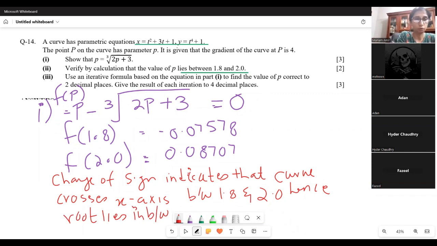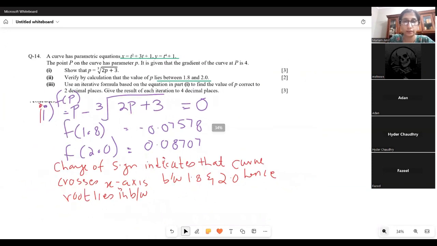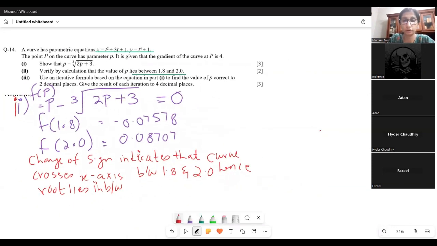That was part 2. Part 3. Use an iterative formula based on the equation in part 1 to find the value of P correct to 2 decimal places. So we've done this many times already. Write the iterative formula. P is already the subject in part 1.